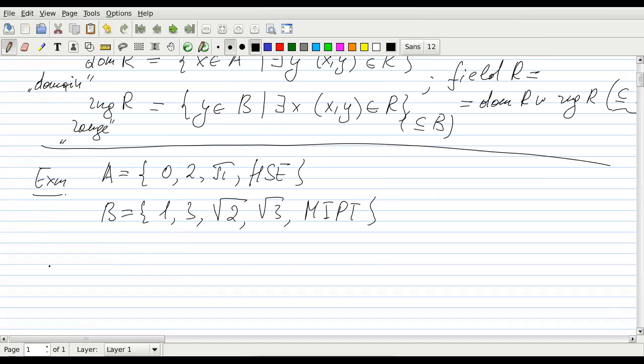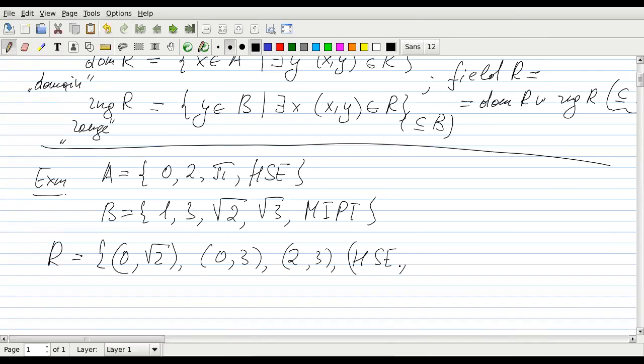So now we want to consider the following binary relation between these two. Say (0, square root of 2), (0, 3), (2, 3), (HSE, 1) and say (0, MIPT).